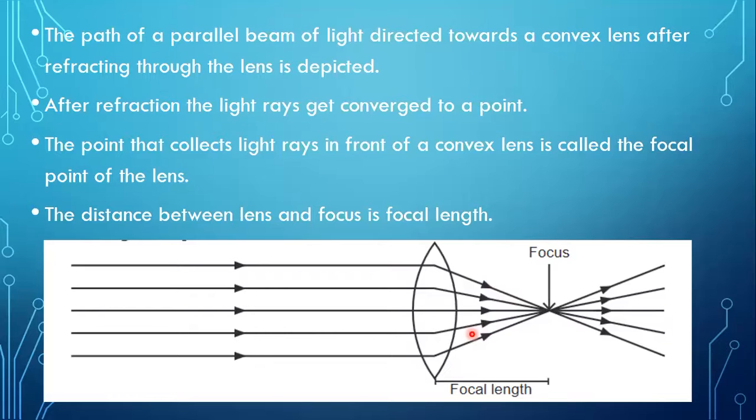After refraction, the light rays converge to a point. The point where light rays are collected on the other side of the convex lens is called the focal point of the lens. The distance between the lens and the focus is the focal length. Here, this is the focus and this is the focal length.